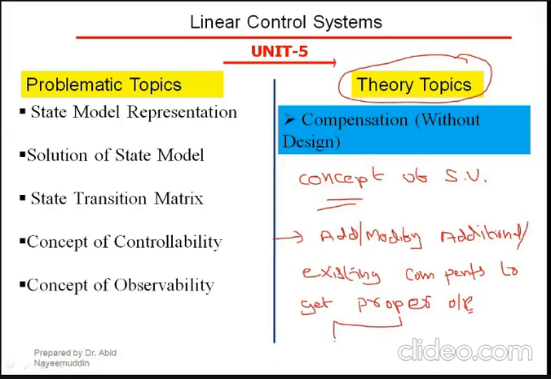Whenever the existing product you purchased is not working, there are two cases of going with compensation: not working, or working with poor performance. It is working but with poor performance.